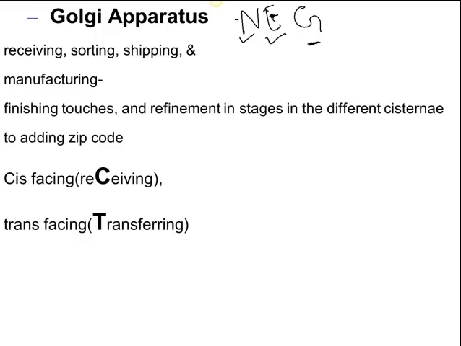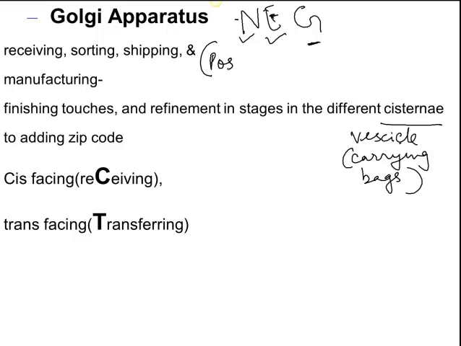It also adds finishing touches and refinements in the stages, in the different cisternae or vesicles or carrying bags. It kind of behaves like a post office which receives. So I would like to call the Golgi apparatus similar to a post office.